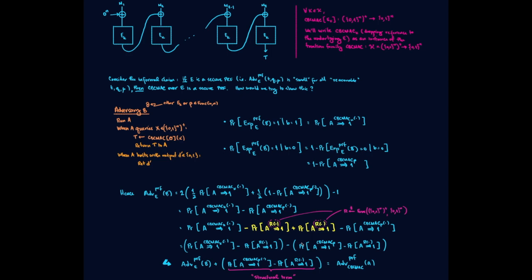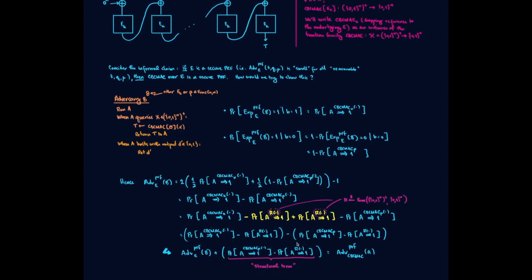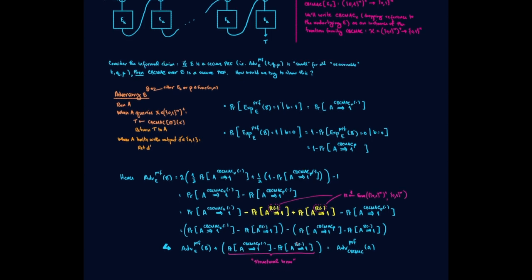So we're going to address that in just a second, but if we were to rearrange these terms, then what do we get here? By rearranging, if I just grab this minus term here and pull it over to this side of the equality, what I get is that the PRF advantage of A in attacking CBCMAC, so this piece here, is equal to the PRF advantage that this B that we've constructed has in attacking the underlying block cipher E, plus this structural term.